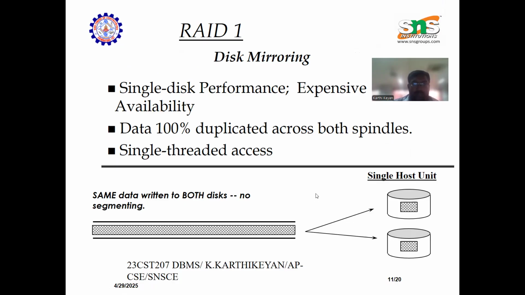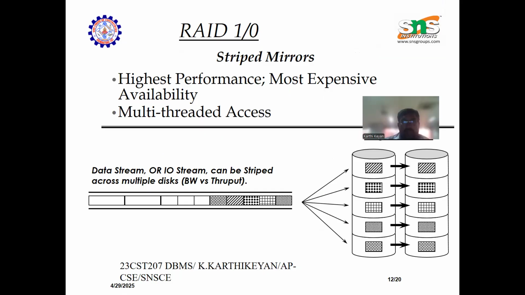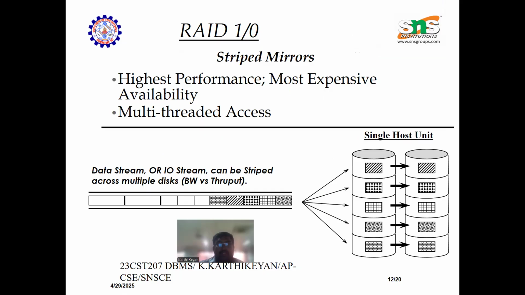Then RAID 1+0, the striped mirror, has the highest performance and the most expensive availability, with multiple threads across a single unit. Once we have created a disk, the same disk is mirrored on the other side. This is a striped mirror.